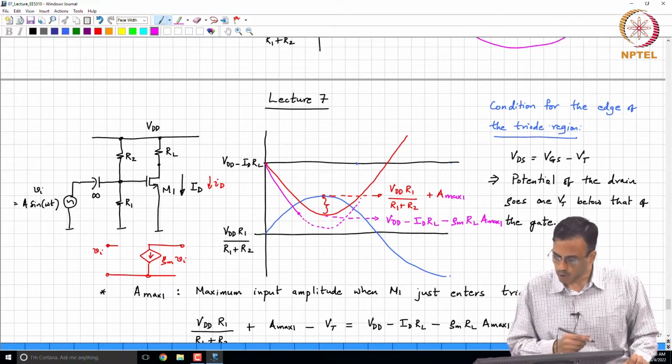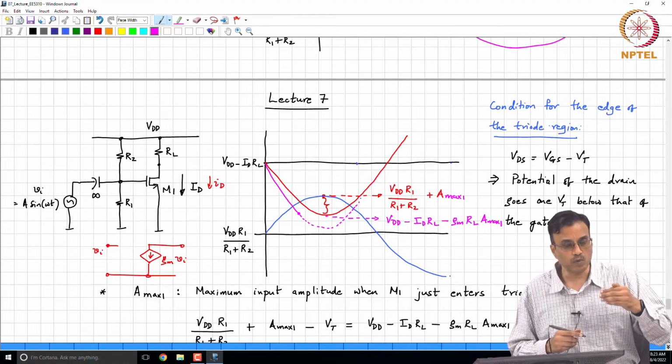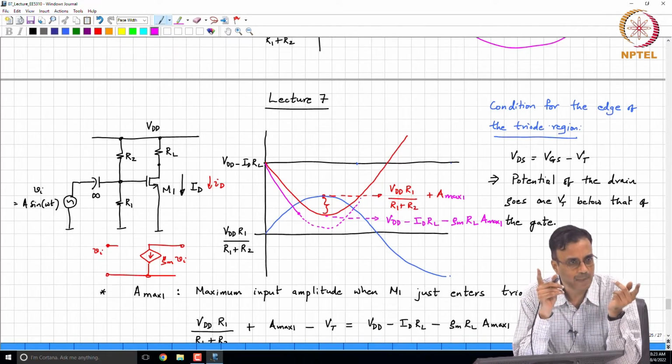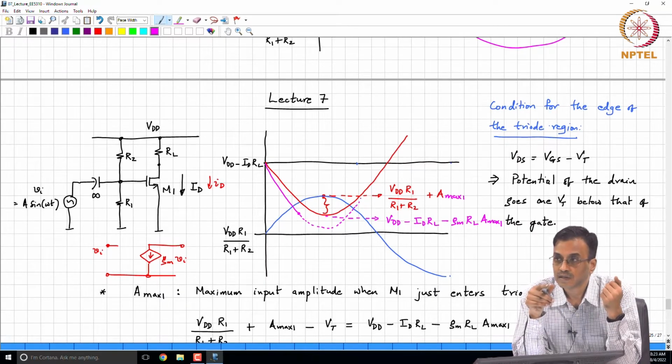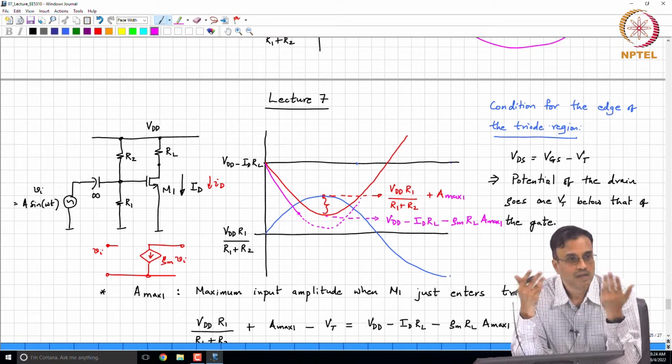Now, what do you expect to see? Once the transistor is in the triode region, what comment can we make about the incremental gain? Two things are happening. What happens in the triode region? The Gm decreases, and on top of it, there is also an output resistance appearing out of nowhere.